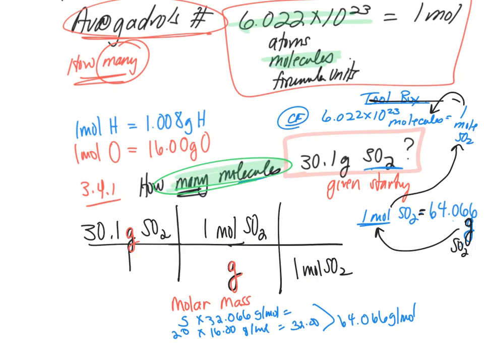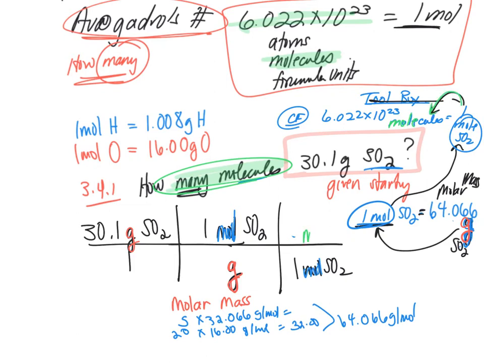So with Avogadro's number, always 1 gets the mole, and also with molar mass, which you get from the periodic table, always 1 goes with the mole. And so then that's 64.066, but we don't need that, do we? That's over here. At this point, we've gone from gram, so we're at gram here, and then we've gone to mole, so we're at mole here, and then we can go to molecules.